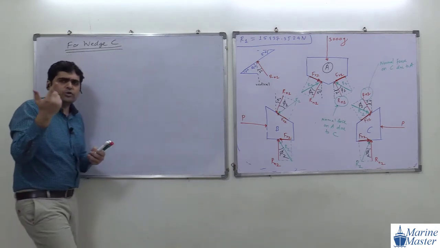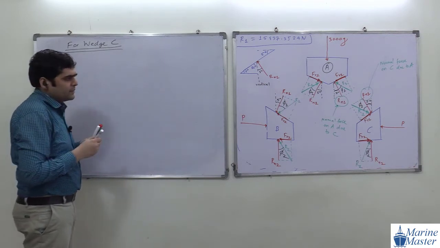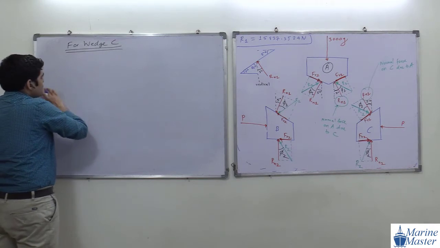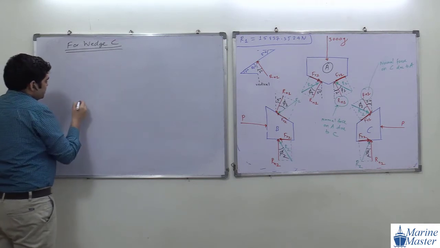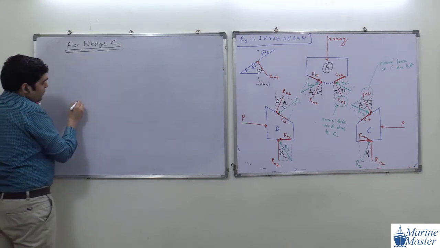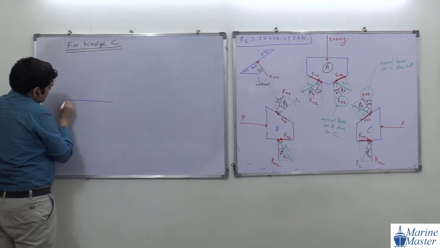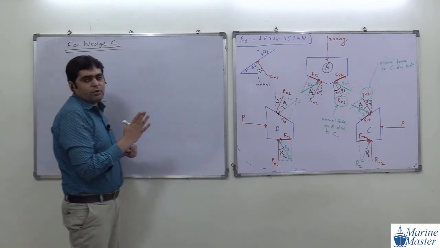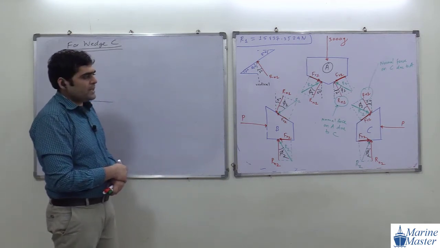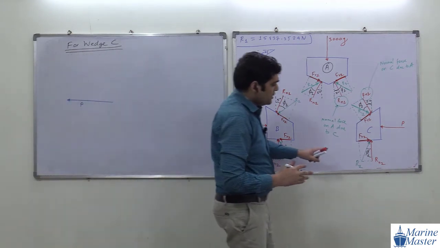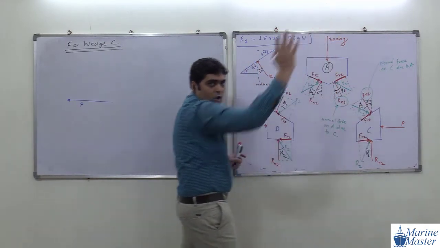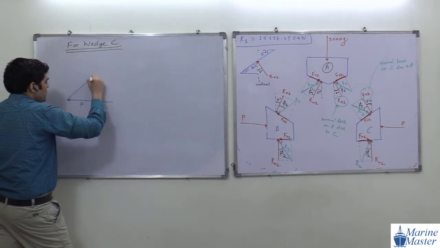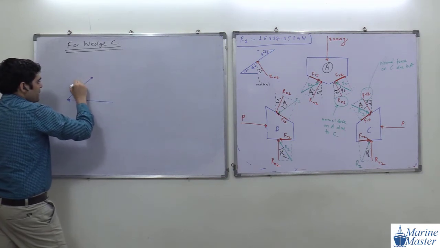There are two ways to draw the force vector diagram. First way, both drawings will be the same, so don't get confused. This will be our force P. Where force P ended, we can draw R2.